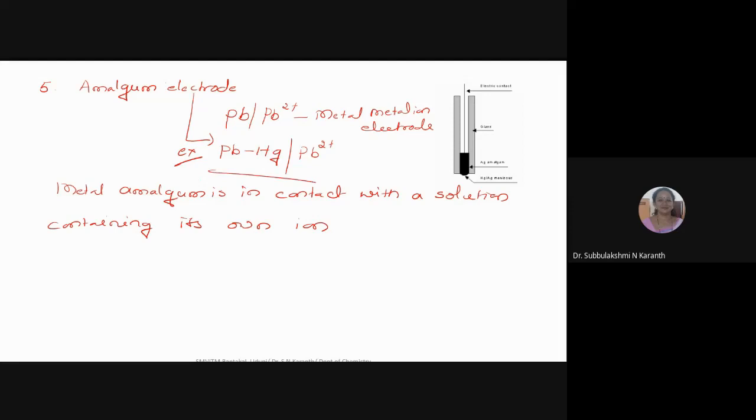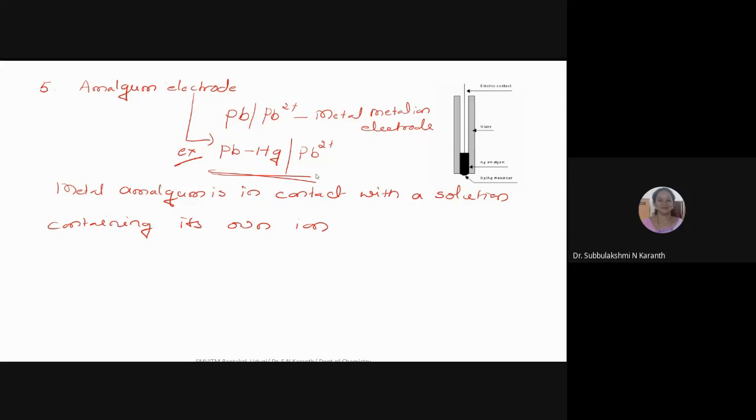Here we can get only a few types of metal amalgam electrode. That means the metal must be able to hold mercury as an amalgam, and it must be stable over a temperature range. Then only we can produce a metal amalgam electrode. A good example of a metal amalgam electrode is the lead amalgam electrode.